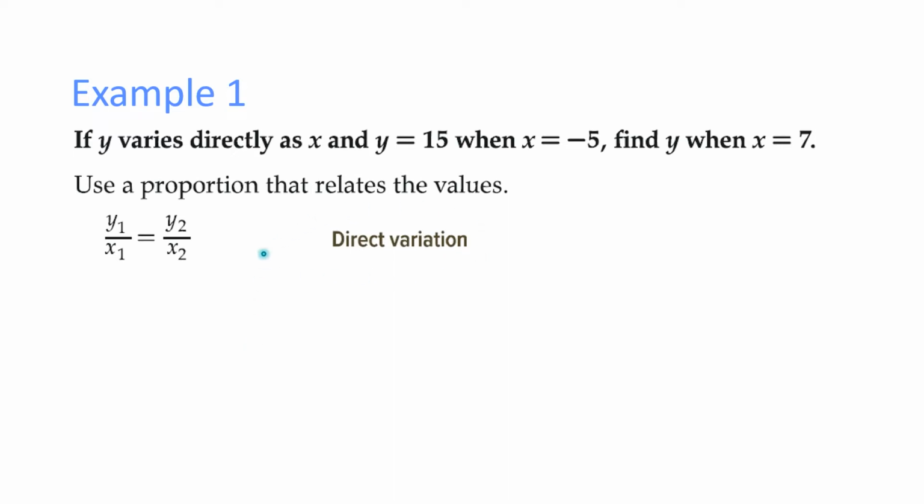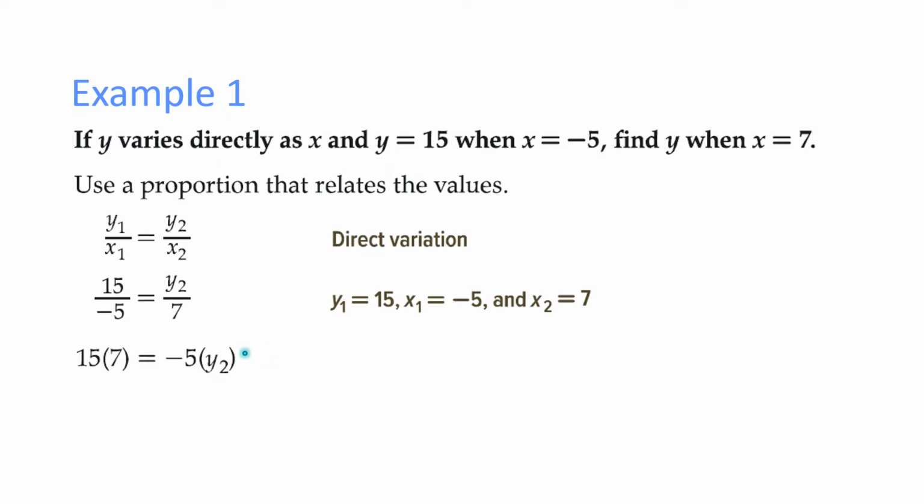This is the direct variation formula. y1 is 15, x1 will be -5. This was provided to us at the start of the question. Now we have to find y, which will be y2 when x equals 7. So therefore x2 will equal 7. y1 is 15, x1 is -5, and x2 equals 7.